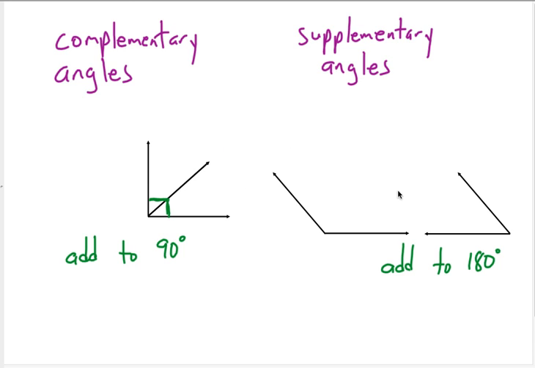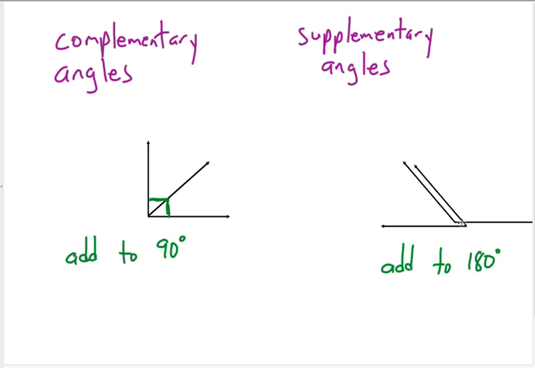And if we look at these angles over here, if we move these around a little bit, you will see that if you match them up like so, they form a straight angle. So what they're forming here is a straight line that would be 180 degrees. We could make up measurements for these.